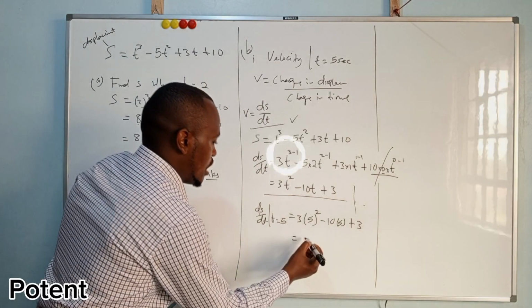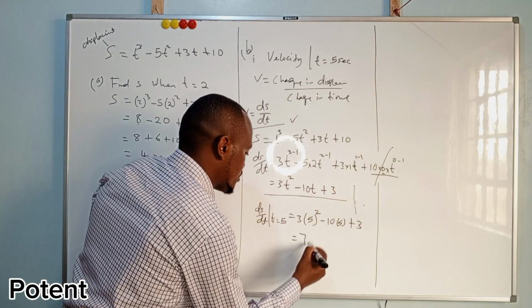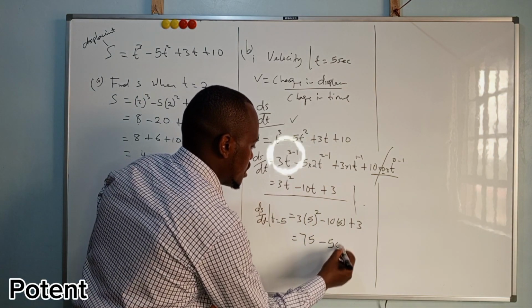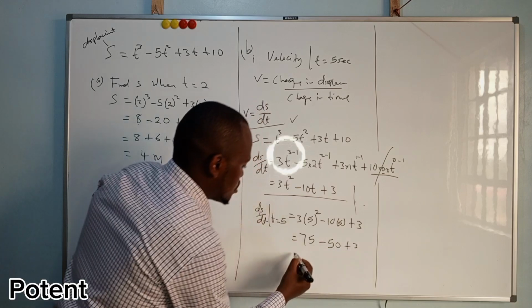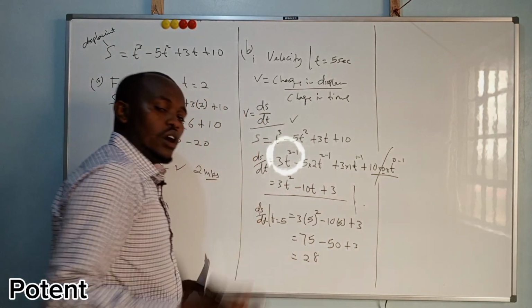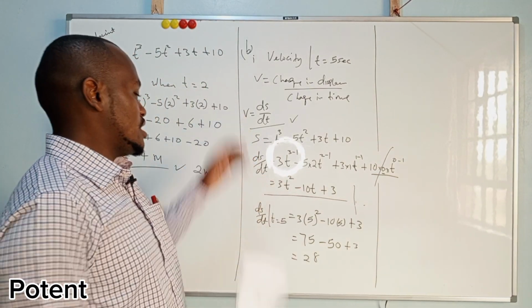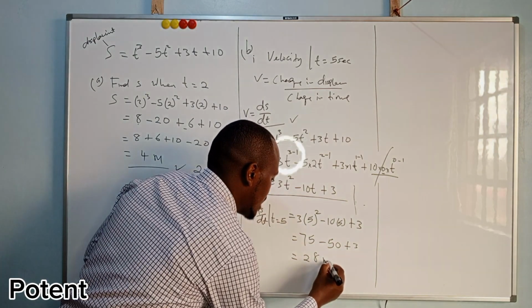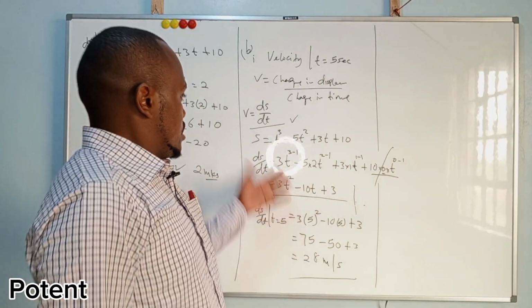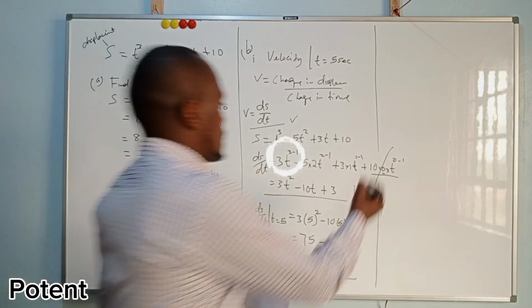Then you solve this: 5 squared is 25, times 3 is 75, minus 50, plus 3. So this is 28. 28 what? We are looking at ds over dt, which is velocity. Velocity is given as meters per second. So this is your answer, and it is very, very easy, as you can see.